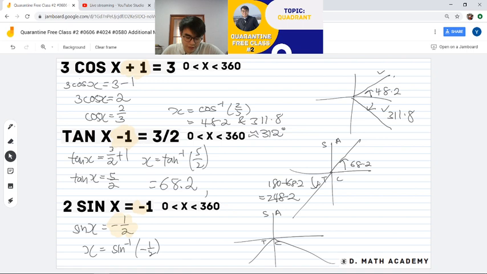So this negative 30, it's telling you here to here is 30 and here to here is another 30. So to get the exact results, you're required to take 360 minus 30, then you get 330, and also 180 plus 30. So the other result should be 210.